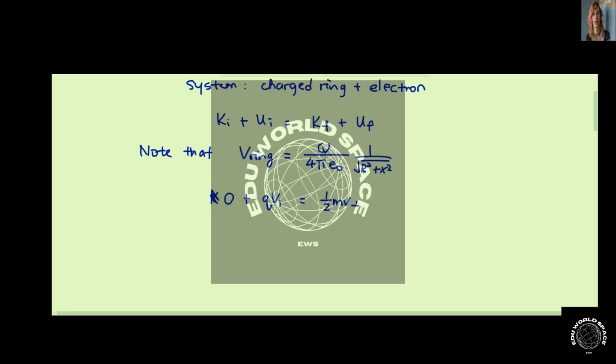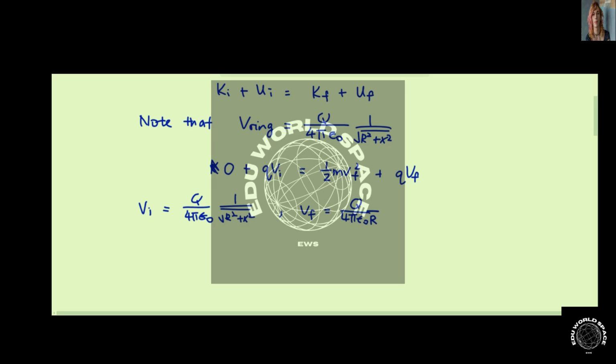So Vi is Q over 4 pi epsilon naught times 1 over the square root of r squared plus x squared. And then Vf is Q over 4 pi epsilon naught r, because x is 0 at the final point at the center.